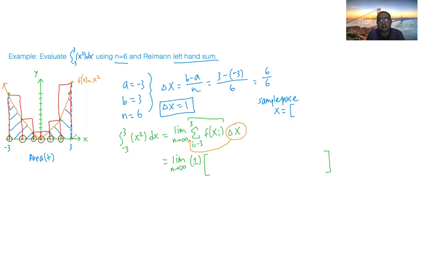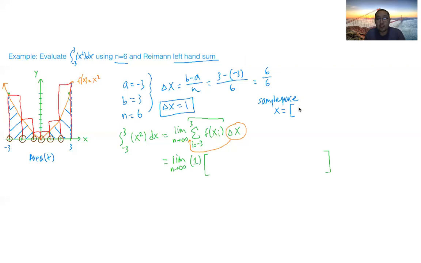We do not take this one. We would only take this one if we were considering a right-hand sum. But even in the case of a right-hand sum, you would not take this one, because this is on the left. So just make that clear for yourself, okay?